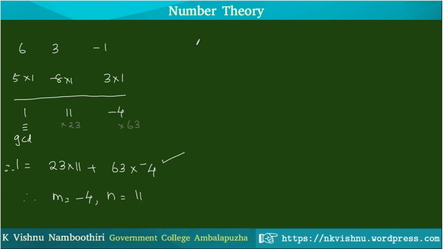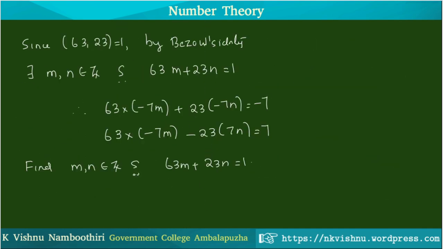Now what is the solution for Mahavira's puzzle? We have already seen that. Solution for Mahavira's puzzle is going to be minus 7m and 7n.